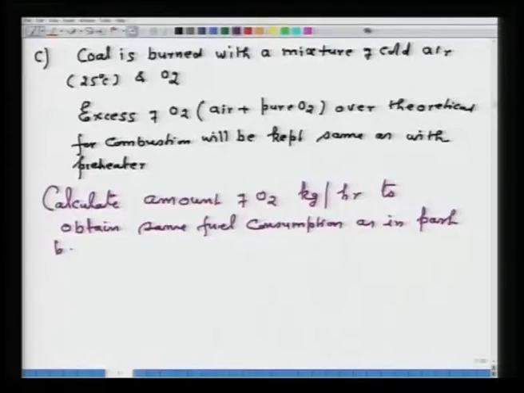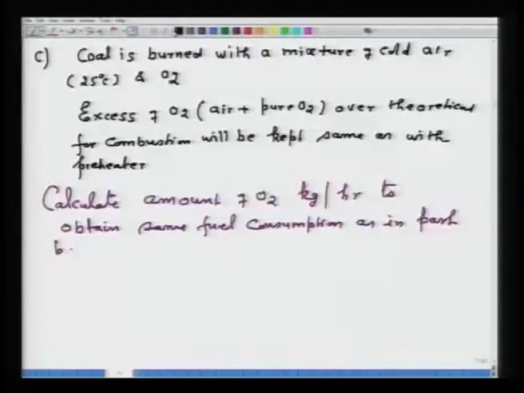Now, this objective can be attained because excess of oxygen you have to keep the same. How can you attain this particular objective? You have noted that a very large percentage of heat is carried away by nitrogen. So, if I reduce the amount of nitrogen, then I can do my job. So, let us solve this particular problem.